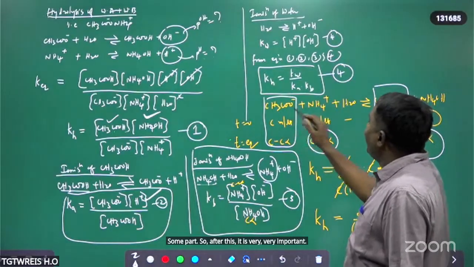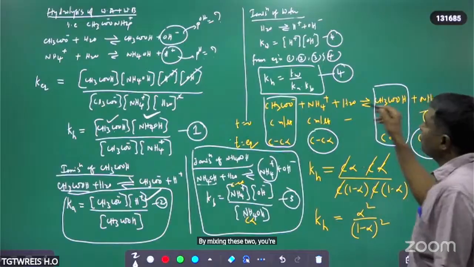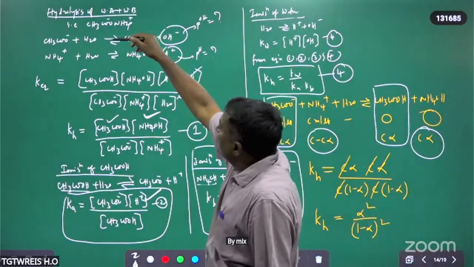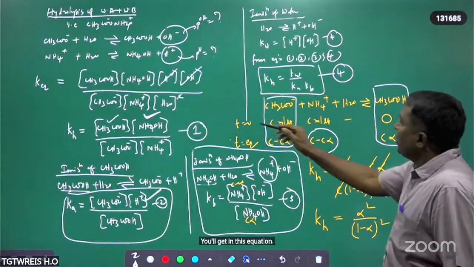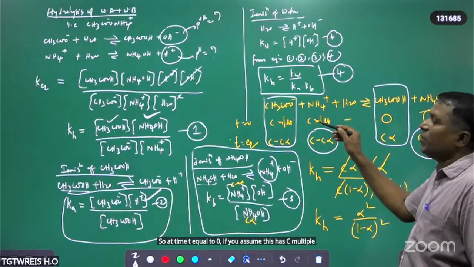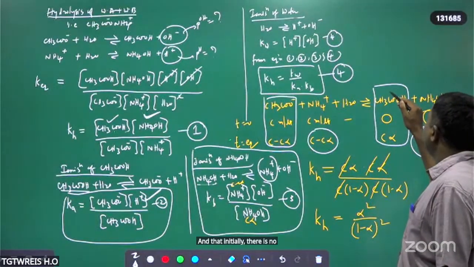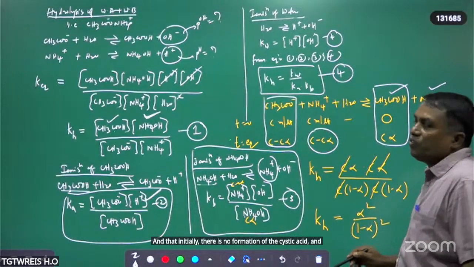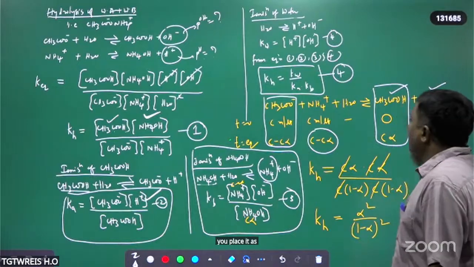So the acetate anion, by mixing these two, you will get this equation now. At time t equal to 0, assume this as C moles per liter and this also as C moles per liter. Initially there is no formation of acetic acid and NH4OH, therefore you place 0, 0.